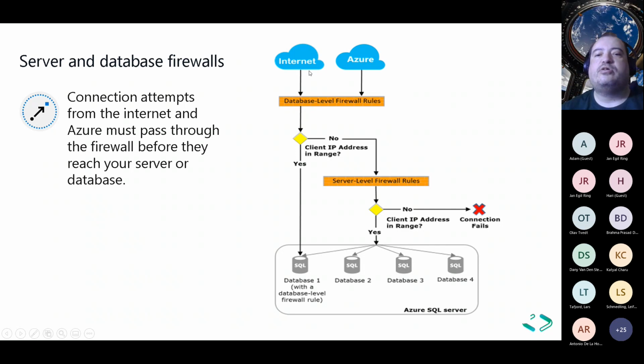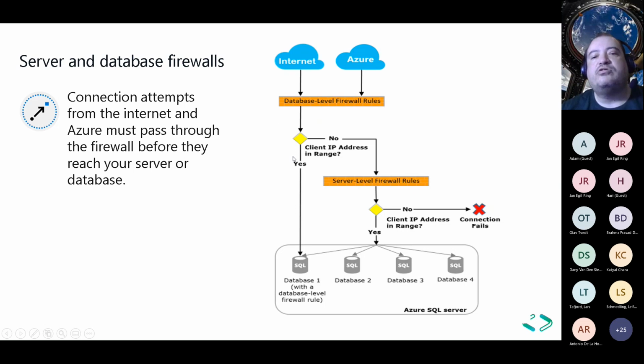When a connection arrives to Azure SQL, first the database level firewall is checked. If there is a rule inside the database enabling the access, the user can connect directly to that database, the database to which he is connecting and which has a rule allowing his connection. So it's a connection specific to one database.